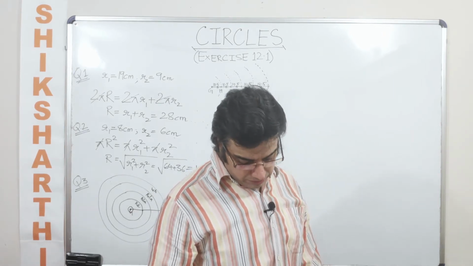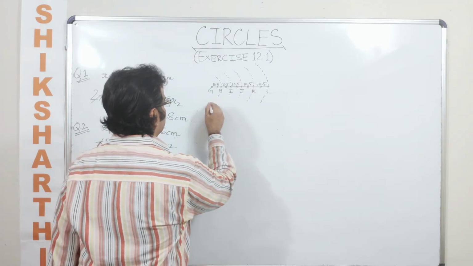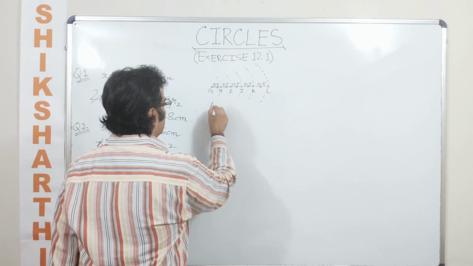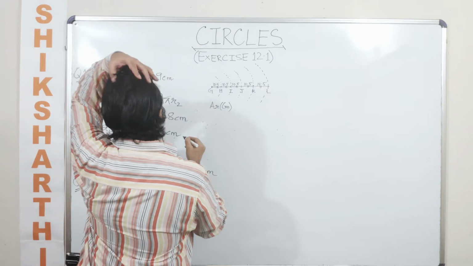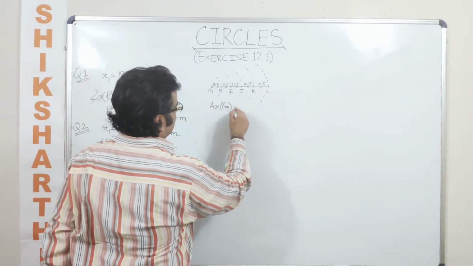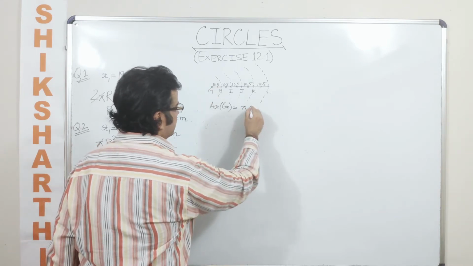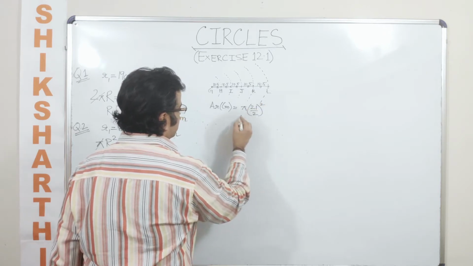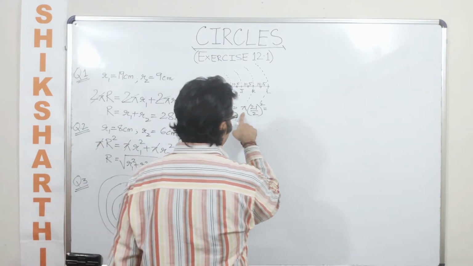So what would be the area of the gold one? It is pi r square. So let me first calculate the area of the gold circle. We know that the area of a circle is pi r square. So r here is 21/2 whole square. Now pi is 22/7.